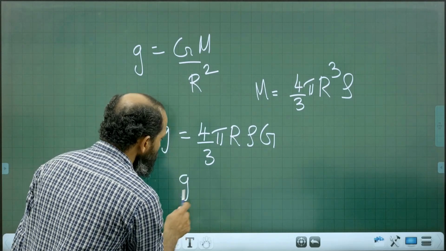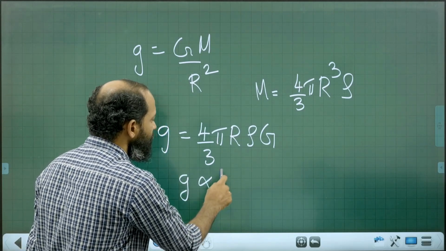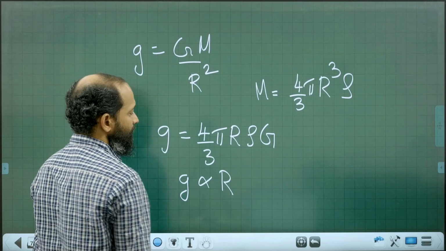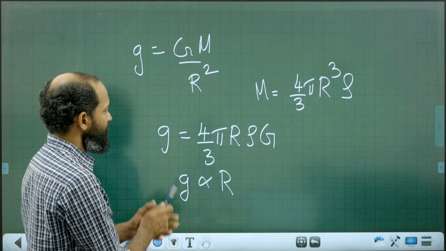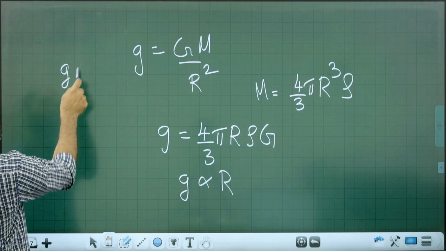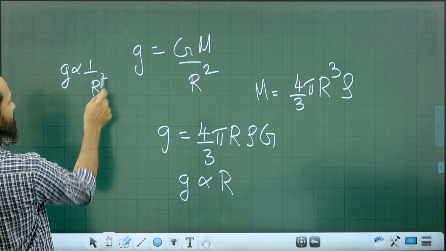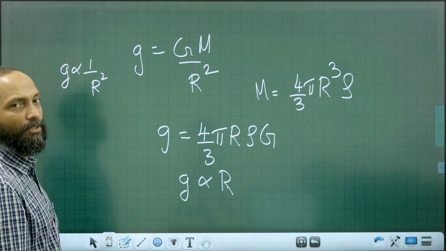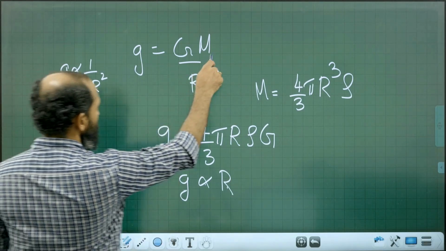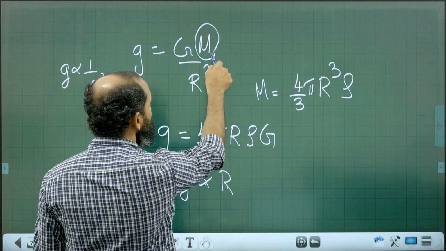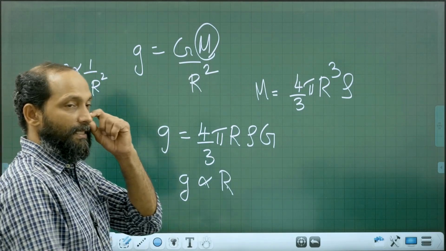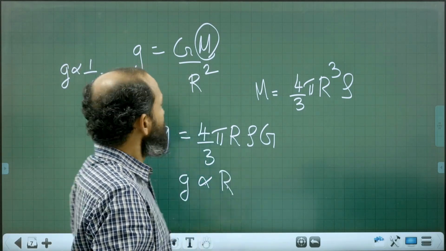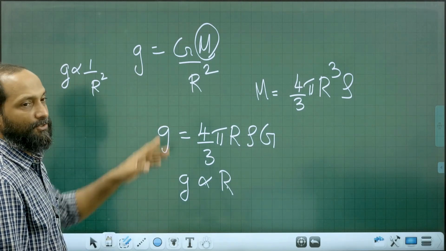Here, g is found to be directly varying with radius. So when to use this equation? Before we said that g is proportional to 1 by r square. Now we say that g is proportional to r. So which comes true? Both are true depending on the situation. If there are two planets having the same masses, but their radii are different, then you use g proportional to 1 by r square.